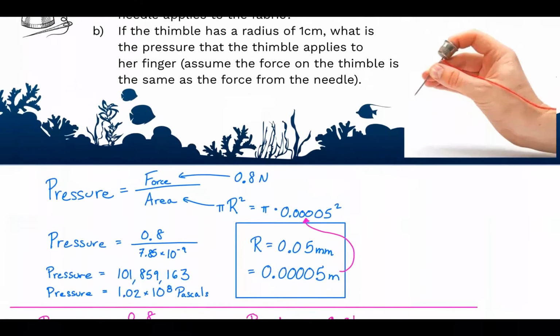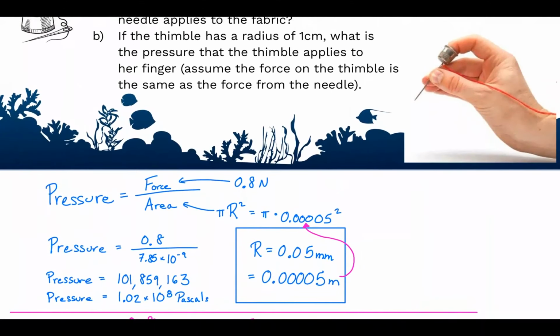So remembering pressure is just force over area. We have to make sure that our area is in meters. So I started here with the radius being 0.05 millimeters, and I converted that to meters. And then I put that into the equation for the area of a circle. And so that's pi r squared, where my radius is this.